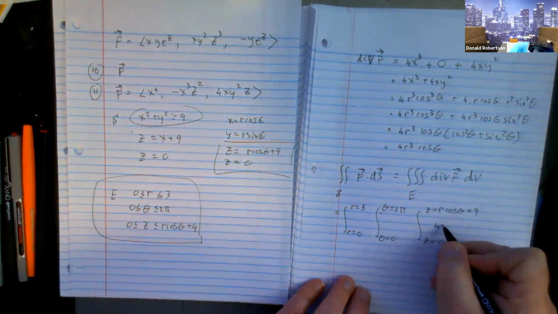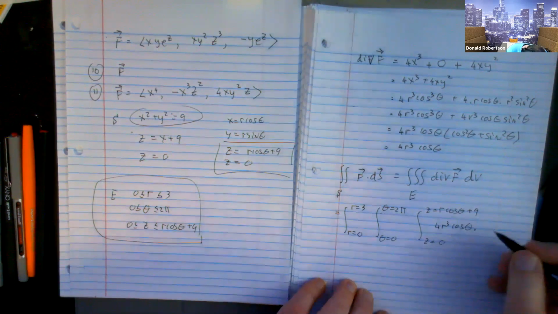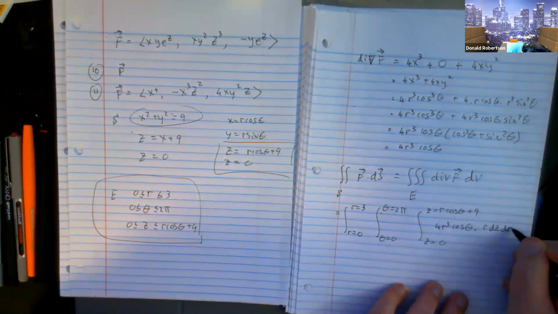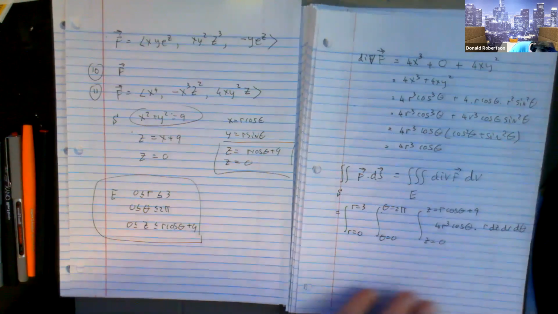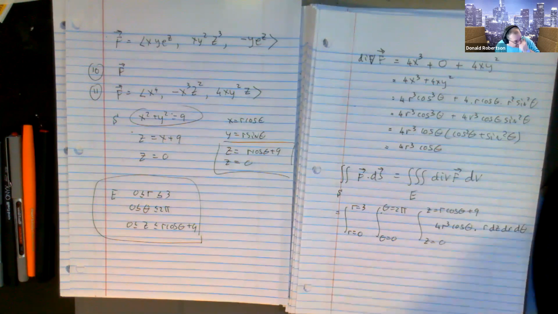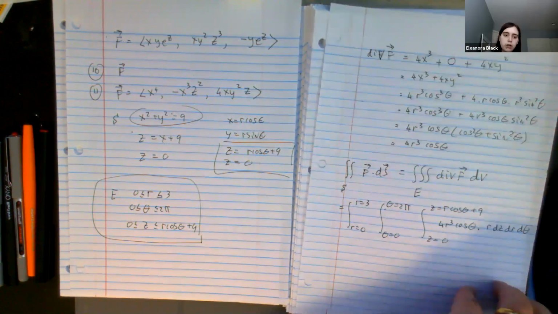The divergence, which is this guy, and r, a dz, a dr, and a d theta. Is that enough, or did you do everything exactly the same as this? Do I need to go further? I guess I'm asking. Yeah, I would like you to go further.